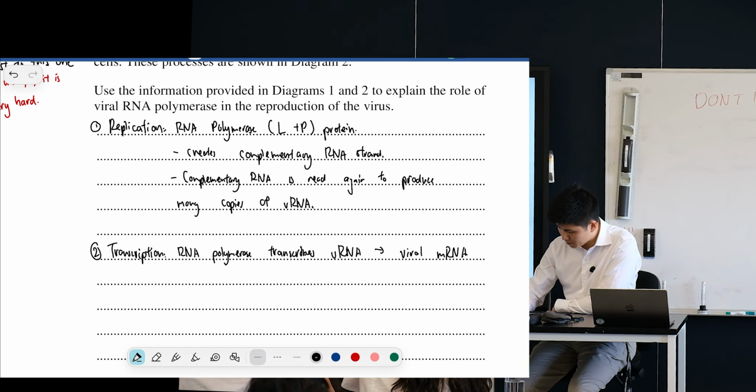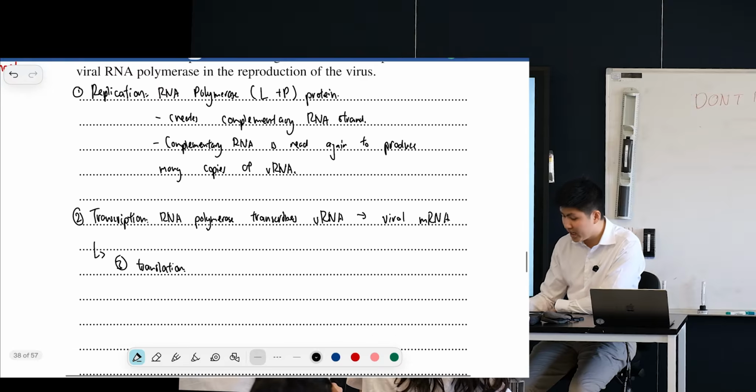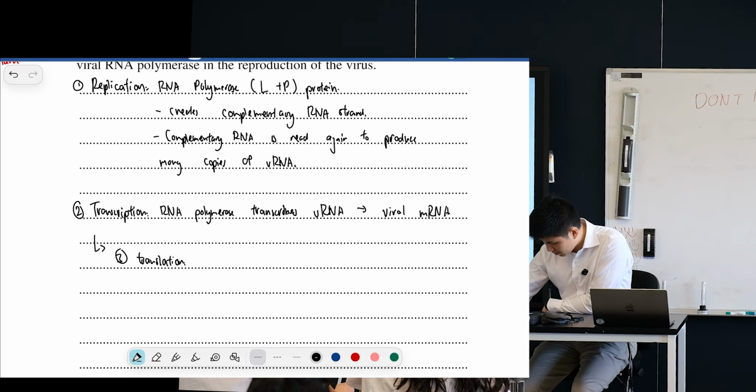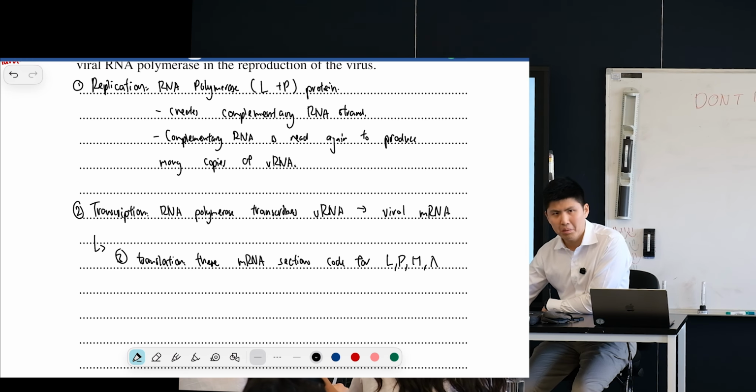Then I can talk about translation. So here is where I can again talk about my diagram. So these mRNA sections code for, was it L, P, M, N, was it G?